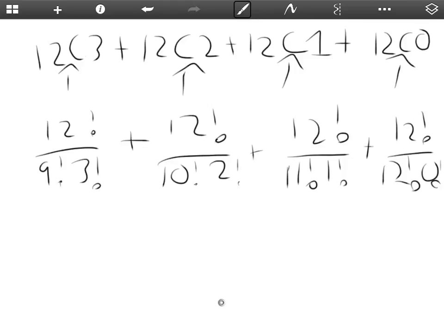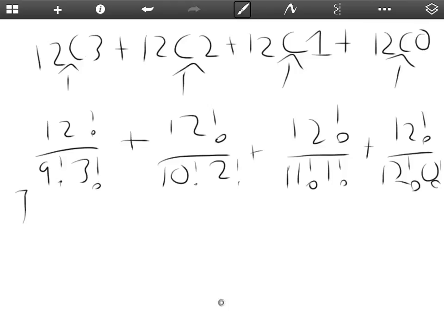Now just a quick bit of calculation. I really should keep a calculator out. For the first term, 12 times 11 times 10 divided by 6 is 220.